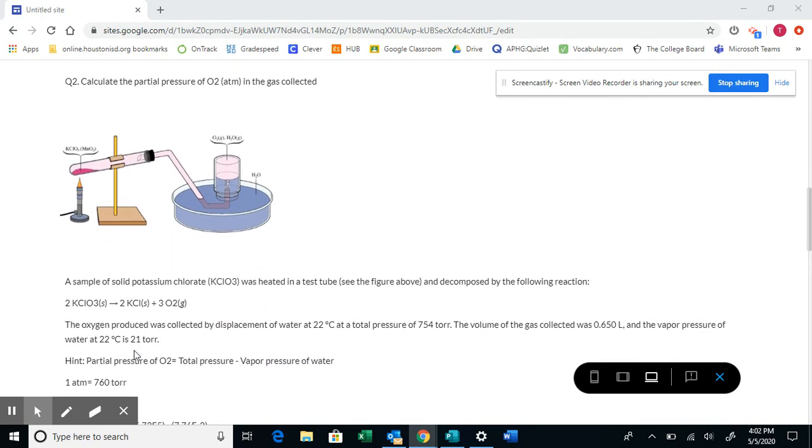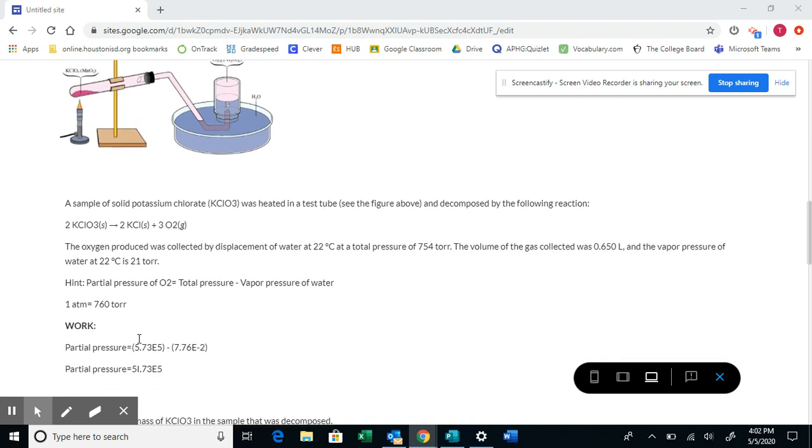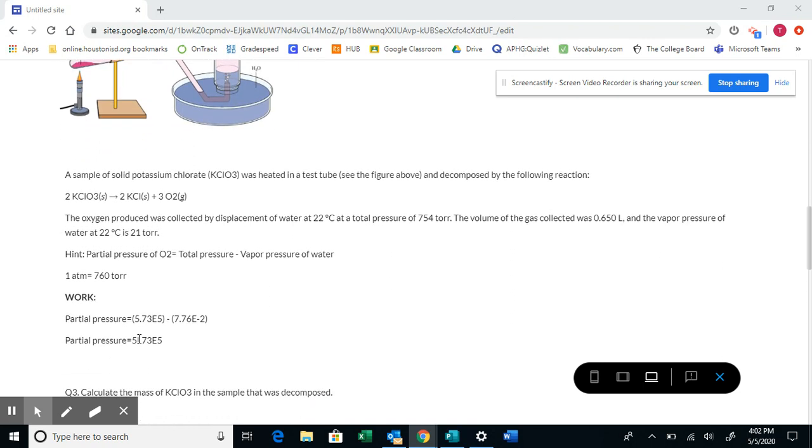Question 2. Calculate the partial pressure of O2, or oxygen, in ATM in the gas collected. A sample of solid potassium chlorate, KClO3, was heated in a test tube, see the figure above, and decomposed by the following reaction: 2 KClO3(s) yields 2 KCl(s) plus 3 O2. The oxygen produced was collected by displacement of water at 22 degrees Celsius at a total pressure of 754 torr.